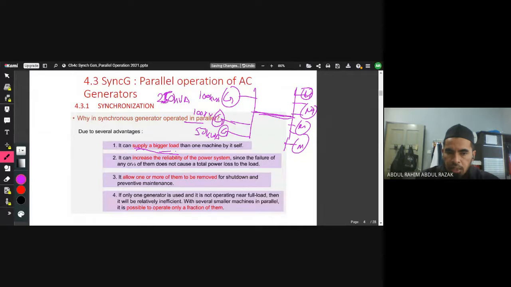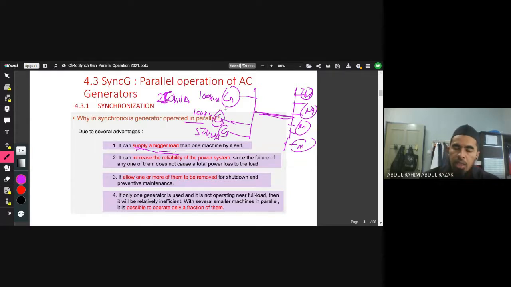And also it can increase the reliability of the power system. Let's say we have a failure on this generator, we have another one in operation. It means that we are able to perform maintenance or bear any kind of disruption during the generation.